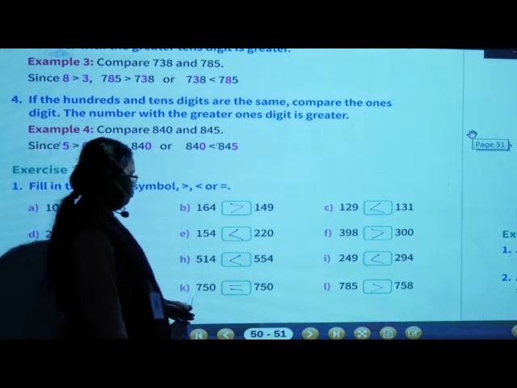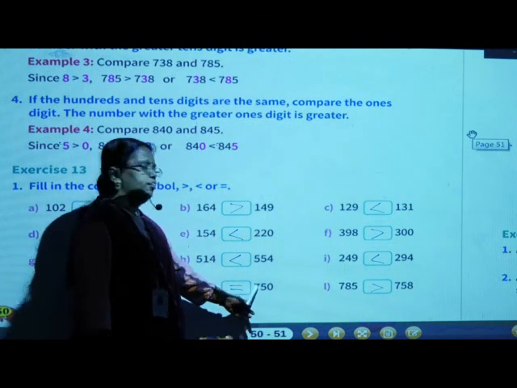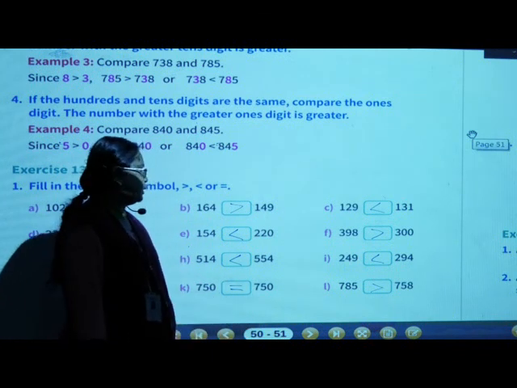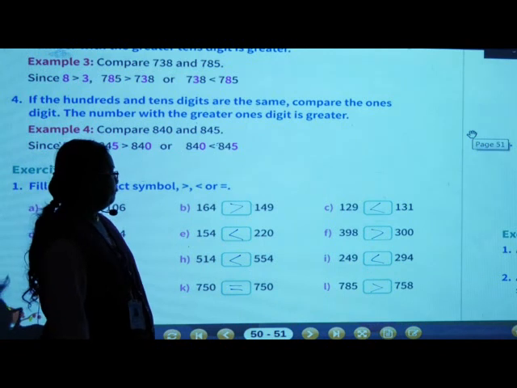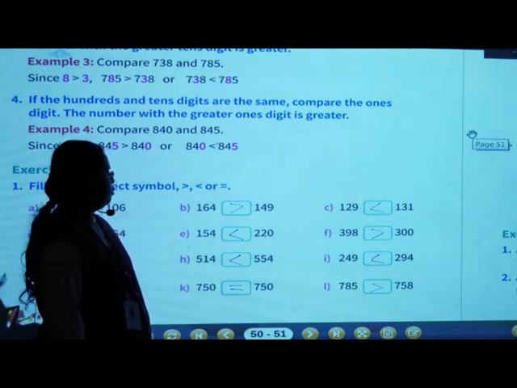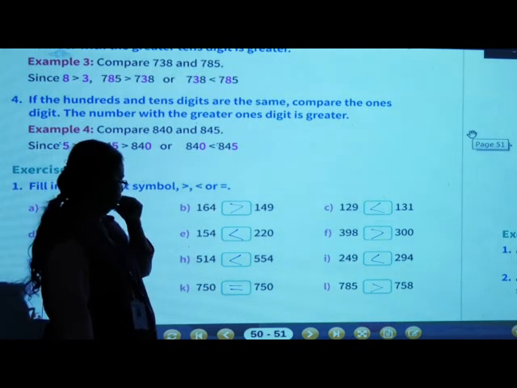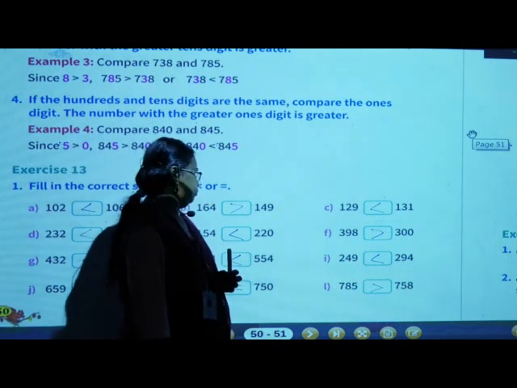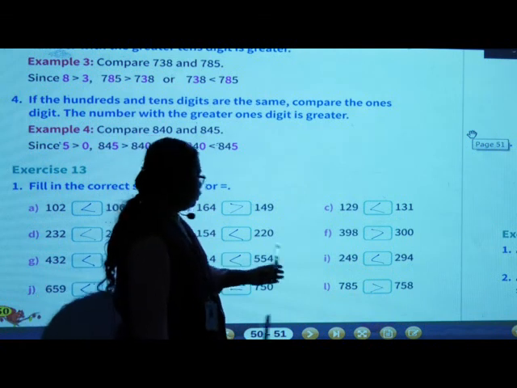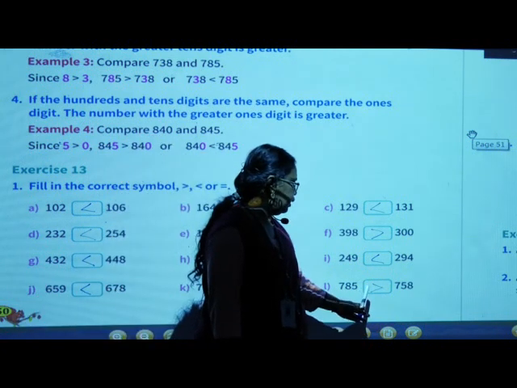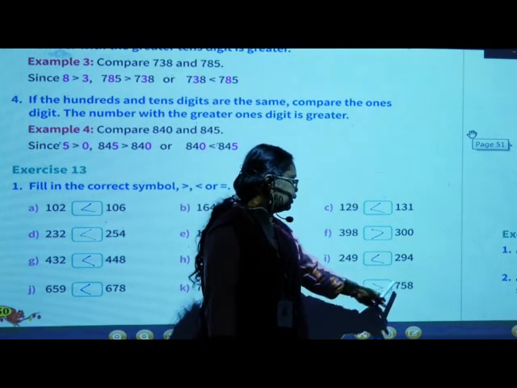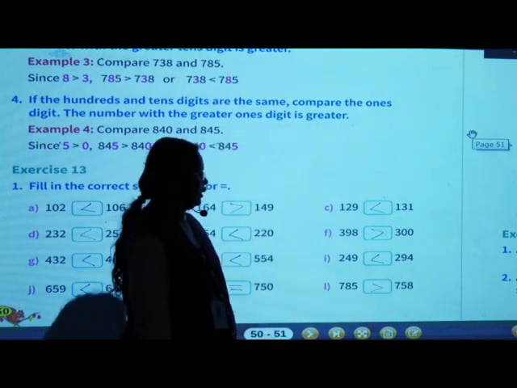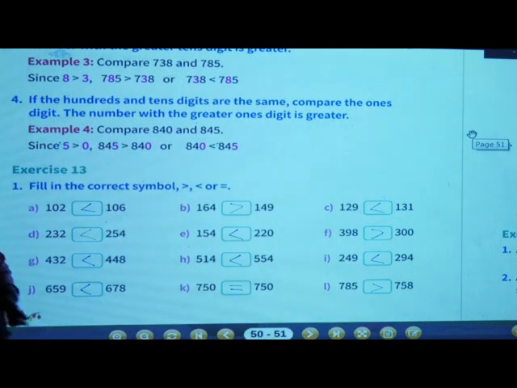Now here 750 and 750, that is, both the numbers are equal. So 785 is more than 758. So write down this.